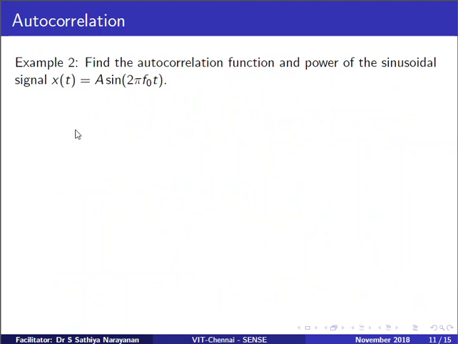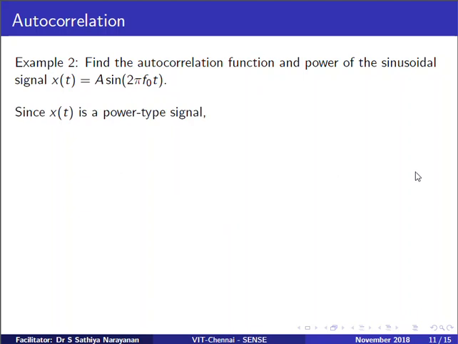So it is a continuous time power type signal. If we use the appropriate autocorrelation formula, we should be able to get the autocorrelation function for A sine 2 pi f naught t. Of course, finding the power of the sinusoidal signal is very easy. In the autocorrelation expression, substitute tau equal to 0.